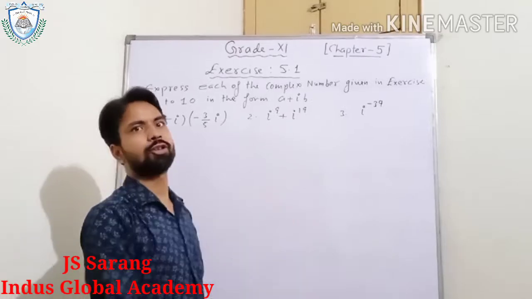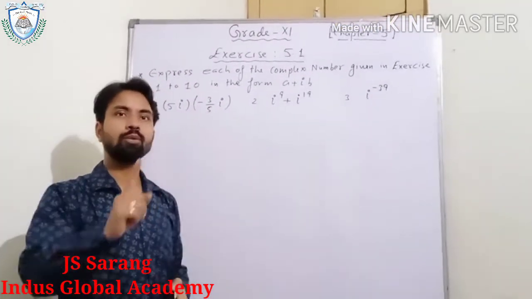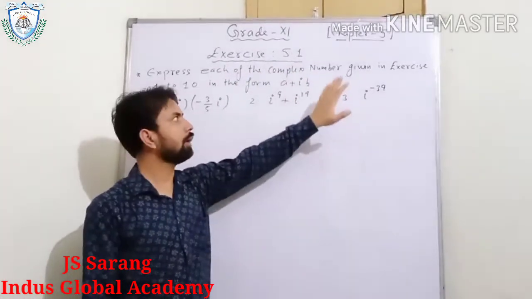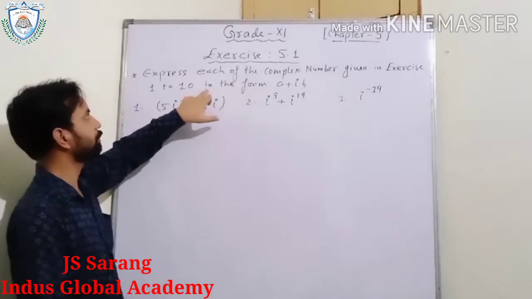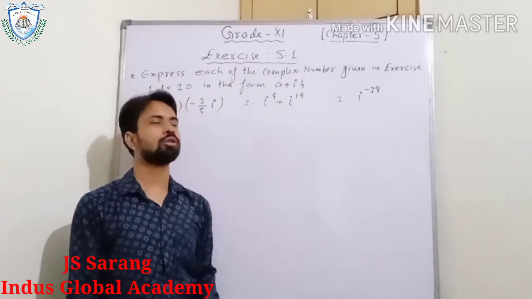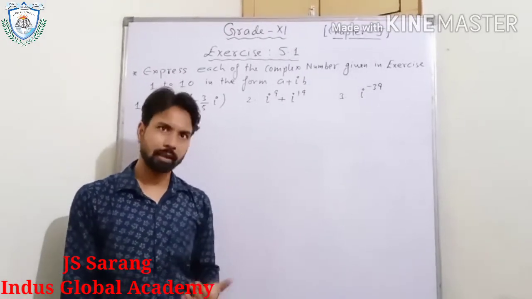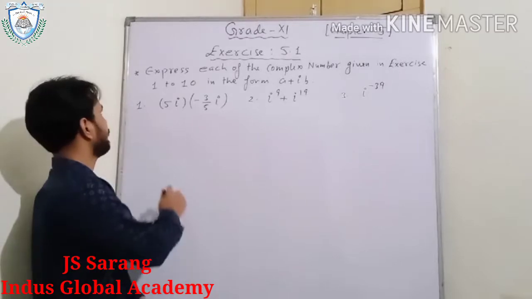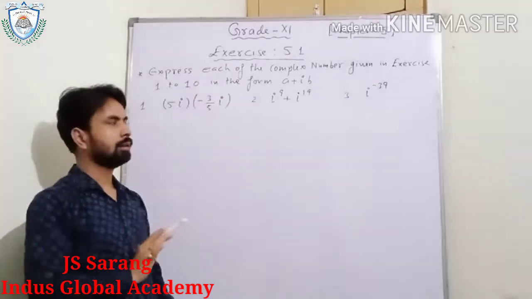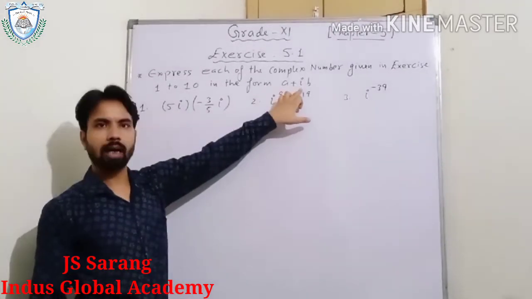So in this exercise, from question number 1 to 10, complex numbers are given and we have to express these complex numbers in the form a plus ib. I am solving some parts here and the remaining parts will be homework. Understood? So the very first question is 5i into minus 3 upon 5i. We have to express this number in the form a plus ib.